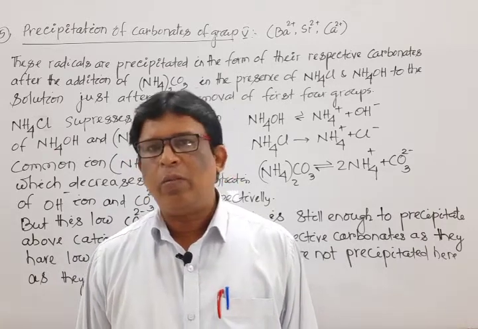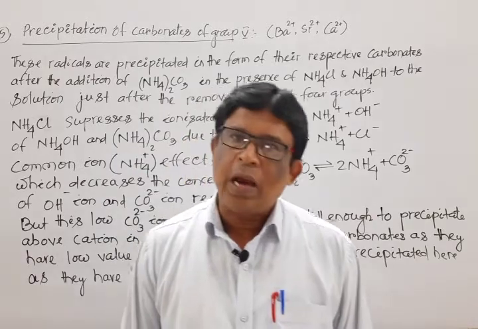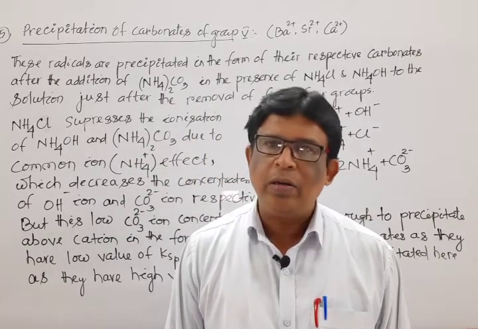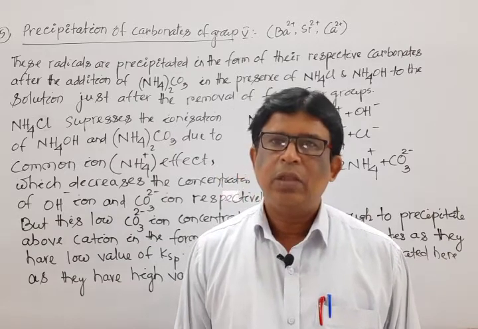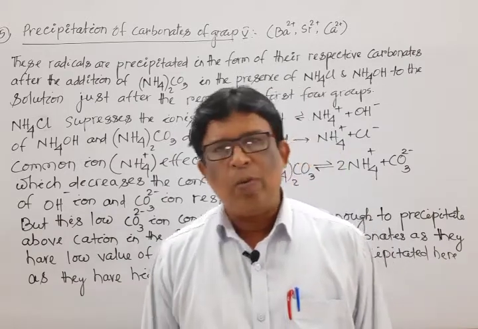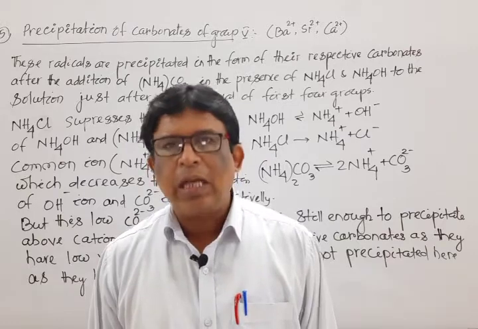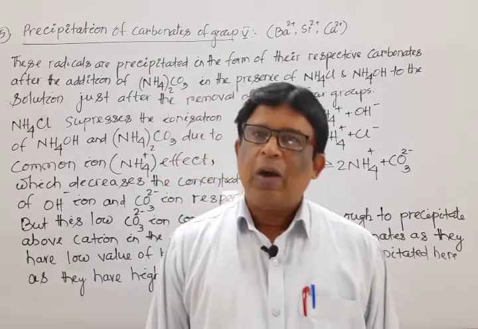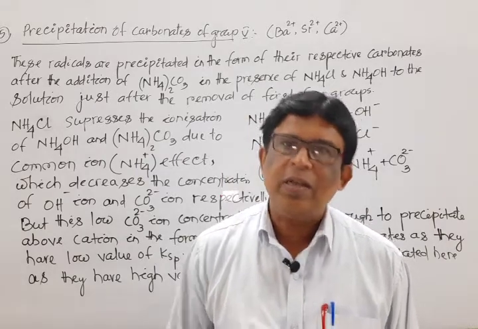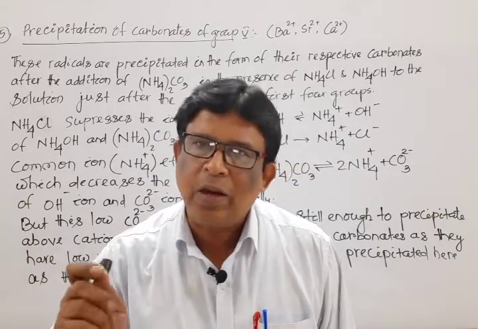Here, what do we observe? Due to the common ion, that is the ammonium ion, ammonium chloride suppresses the ionization of ammonium hydroxide as well as ammonium carbonate, lowering the hydroxide ion concentration as well as the carbonate ion concentration.